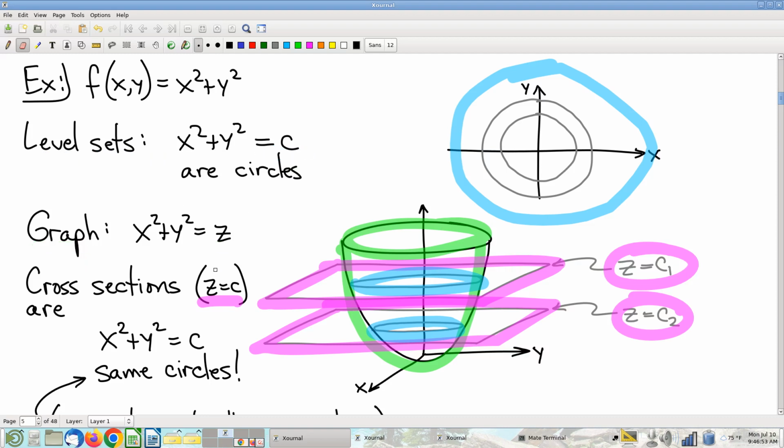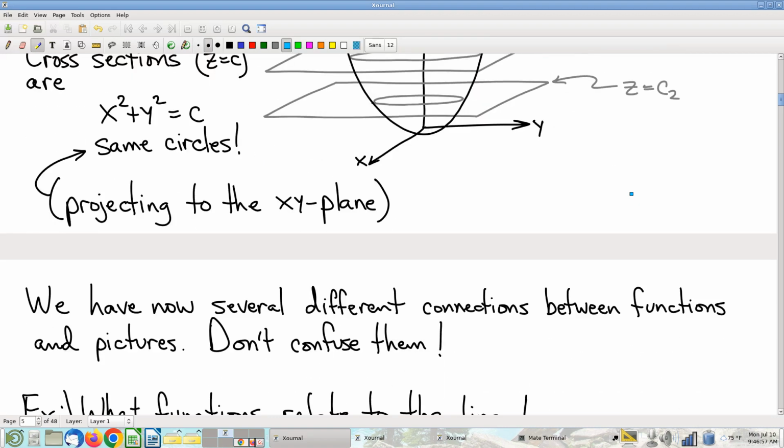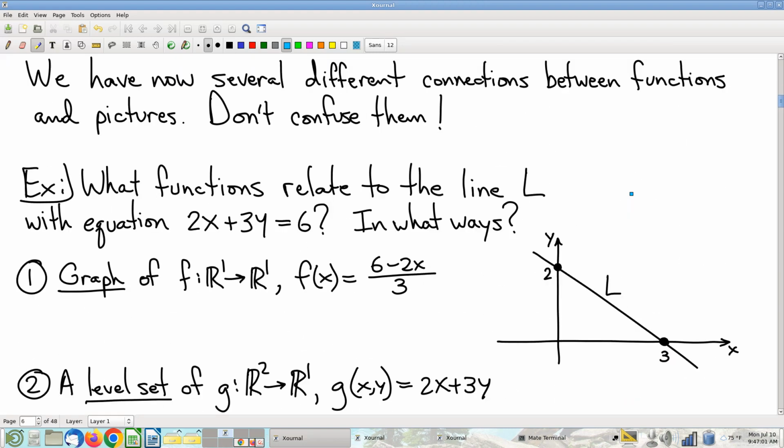So moving along. Let's see here. We've talked about graphs, we've talked about level sets, we've talked about parameterizations of lines and curves. They're all different pictures.